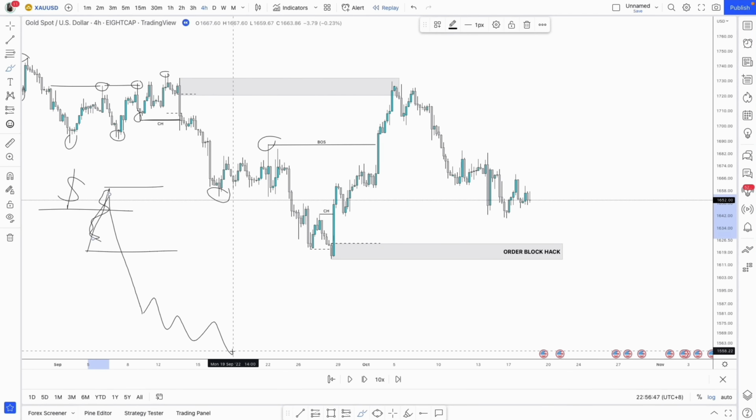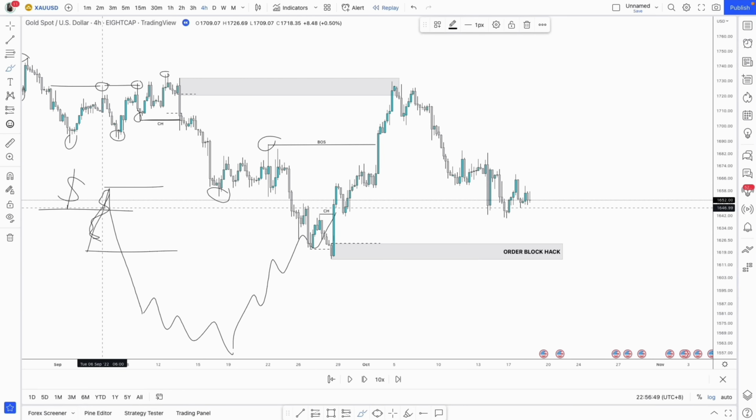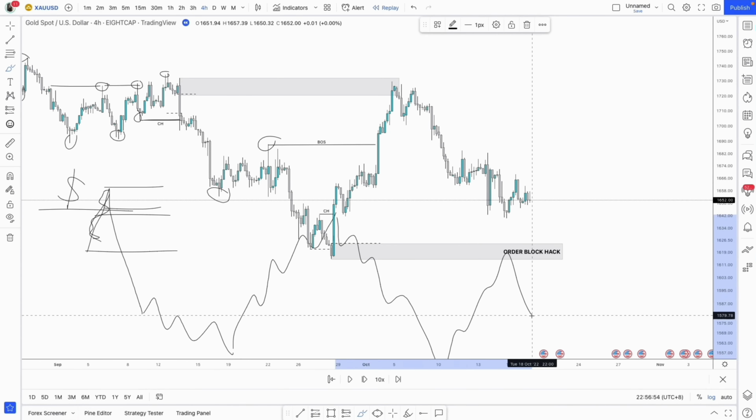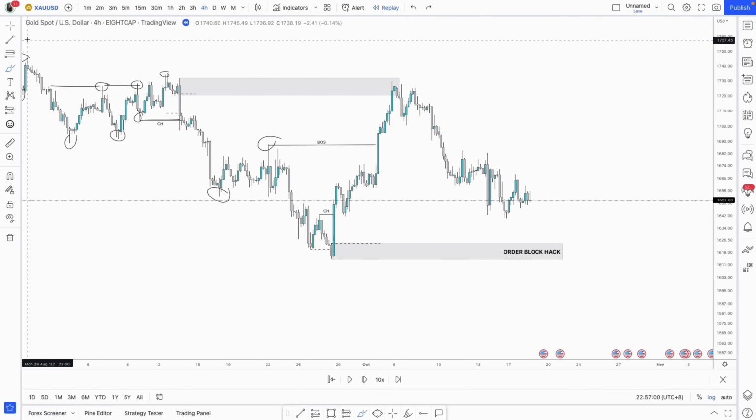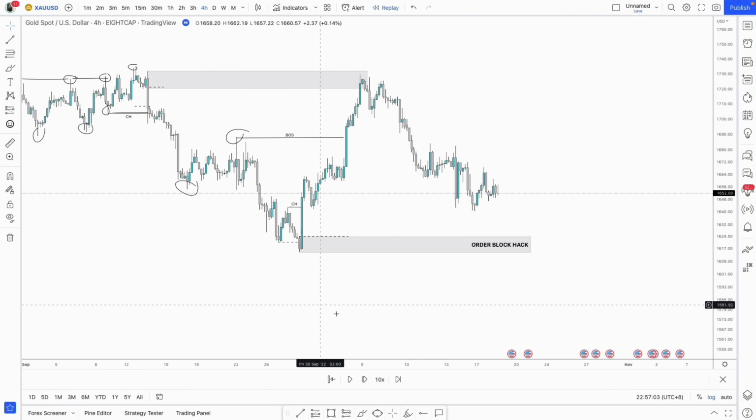So they bring price back up, close the buys, and then bring price back down, and then up again, and then down again. It's a constant effect of opening and closing positions whenever they want to. That is essentially what mitigation is.